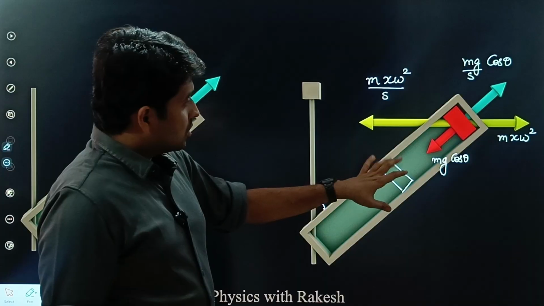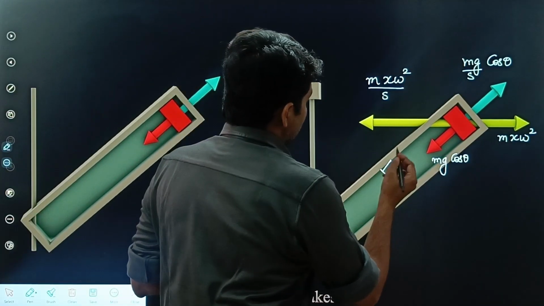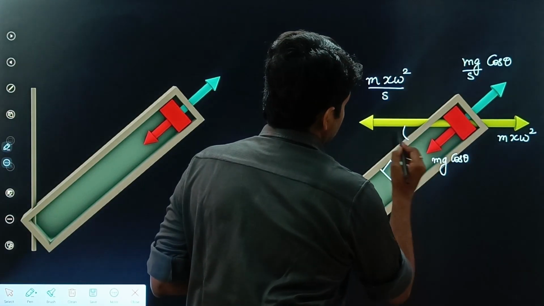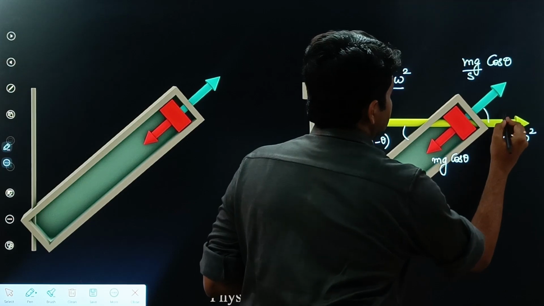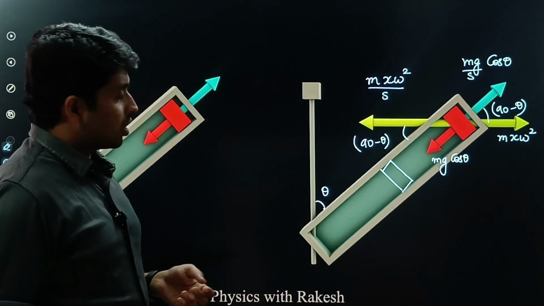The body is here. So we can now balance all the forces, right? If I balance all the forces, this is 90 minus theta, and this is also 90 minus theta. If I just balance all the forces, what will I get?